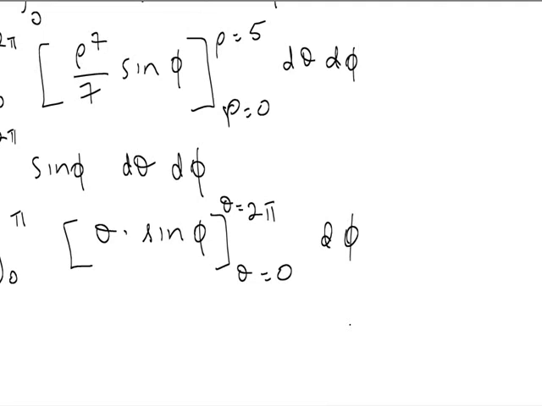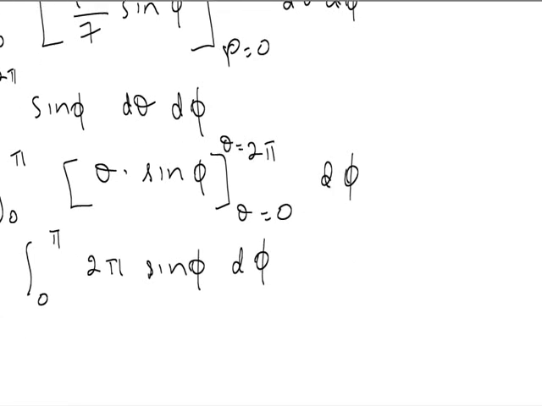Okay, I'm going to shift. Let me leave that there. 0 to pi, that is 2 pi sine phi d phi. Integrate 5 to the 7th over 7.